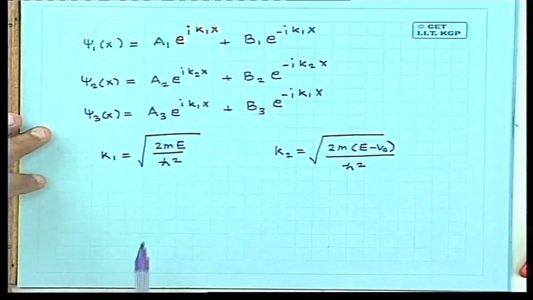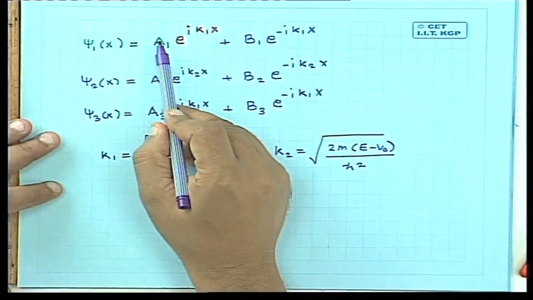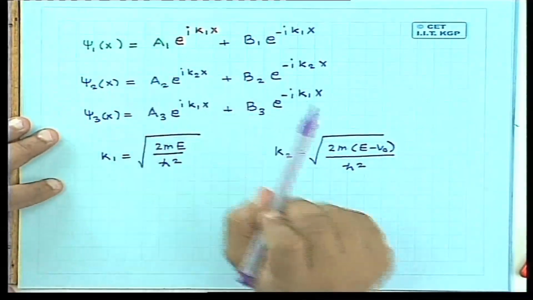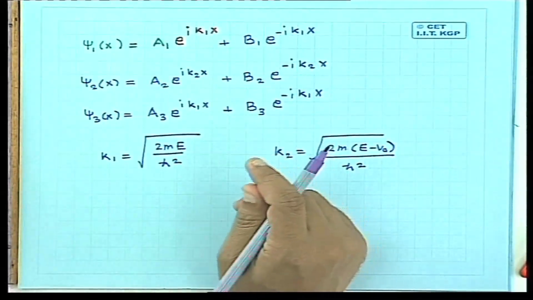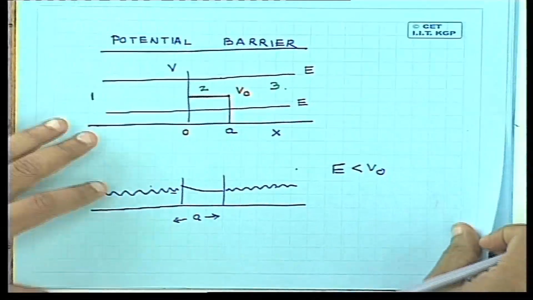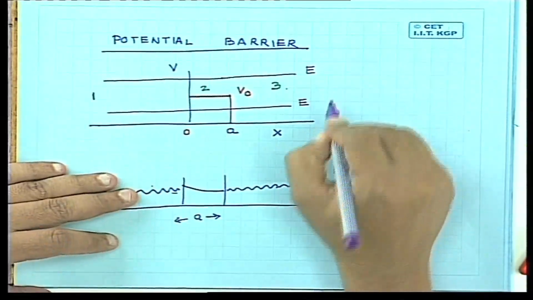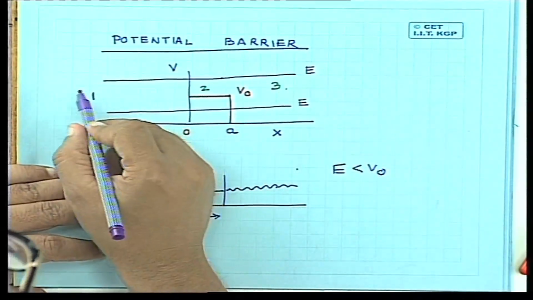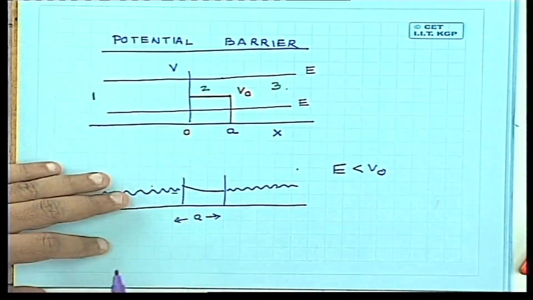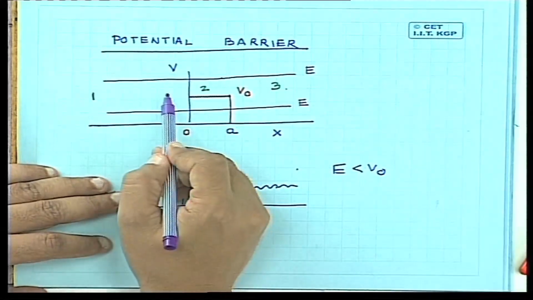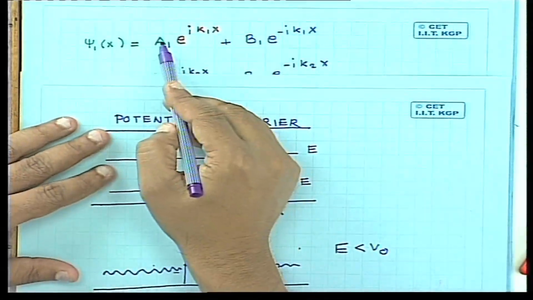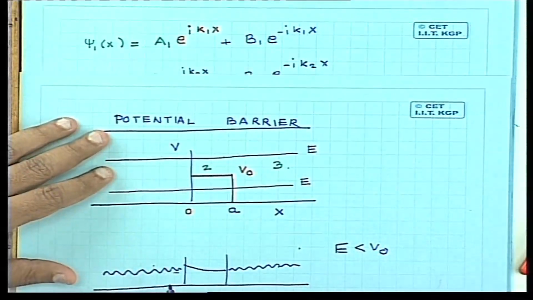Now we have to find A1 and B1. The only thing that we know is that there are no particles incident from this side. The particles are incident only from the left side. And a part of the wave will be reflected back, which tells us that we can have both A1 and B1.